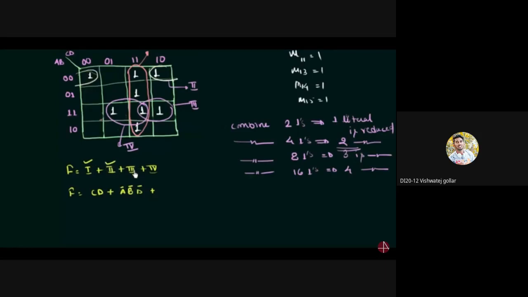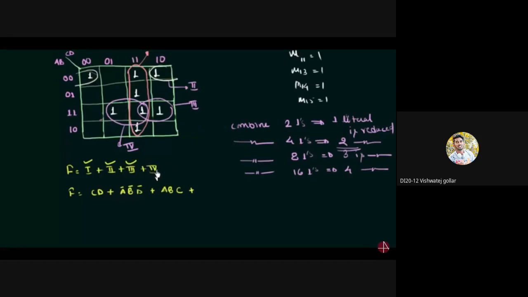Now we will see the third prime implicant, this one. In this also, AB is the same, whereas D is changing from 1 to 0, and C is the same. So we'll neglect D and write C. So we are done with the third prime implicant also.